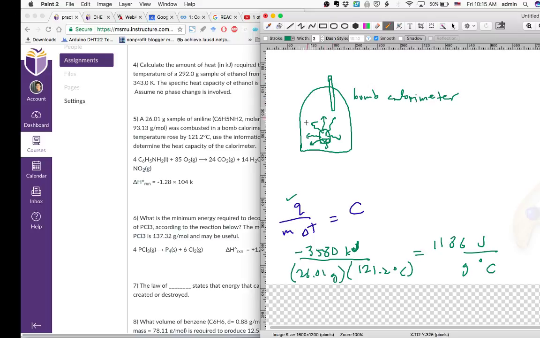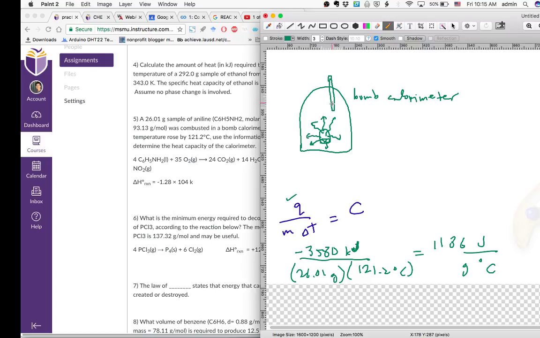Now in this case, we already knew what the heat of the chemical reaction was supposed to be by the calculation that I showed underneath here, and we had to calculate the specific heat capacity of the bomb calorimeter. So remember, the temperature change was measured by the bomb calorimeter. So how much energy does that mean?